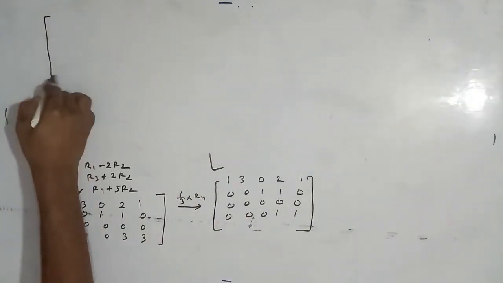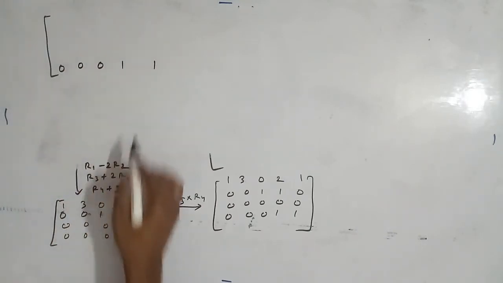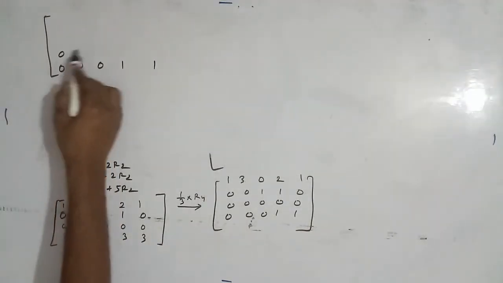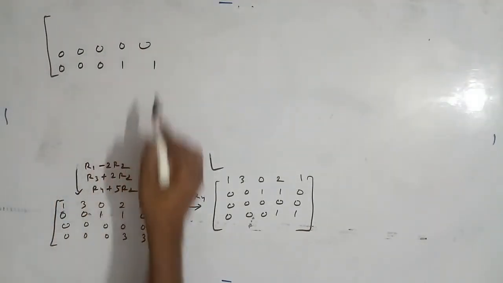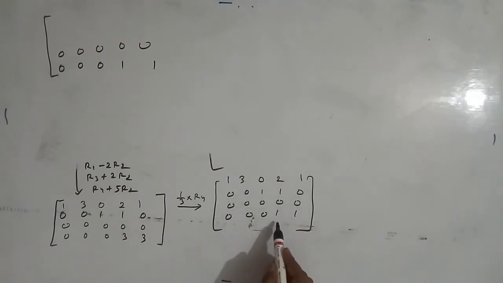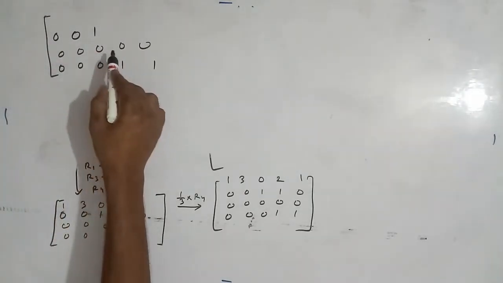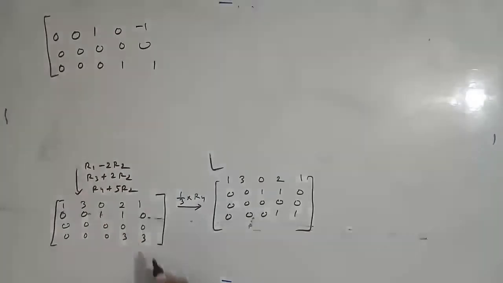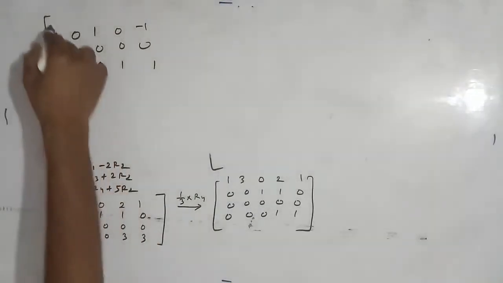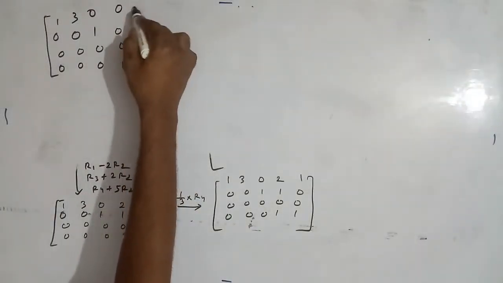So row 4 will be the same, 0 0 0 1 1. Row 3 will be the same, 0 0 0 0 0. We are making these two zeros. So R2 minus R4, that is 0 0 1 0 minus 1. Okay, and R1 will be 1 3 0 1 3 0, 2 minus 2 0, 1 minus 2 minus 1.